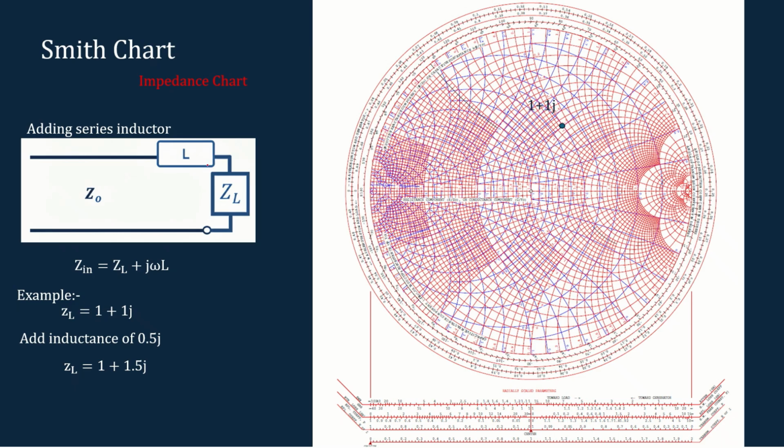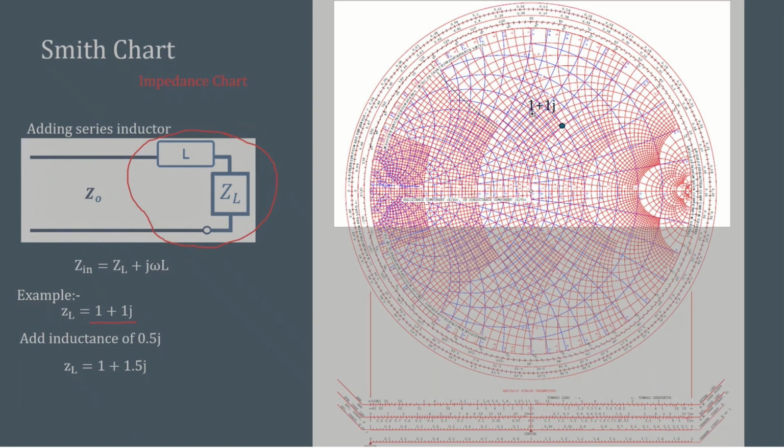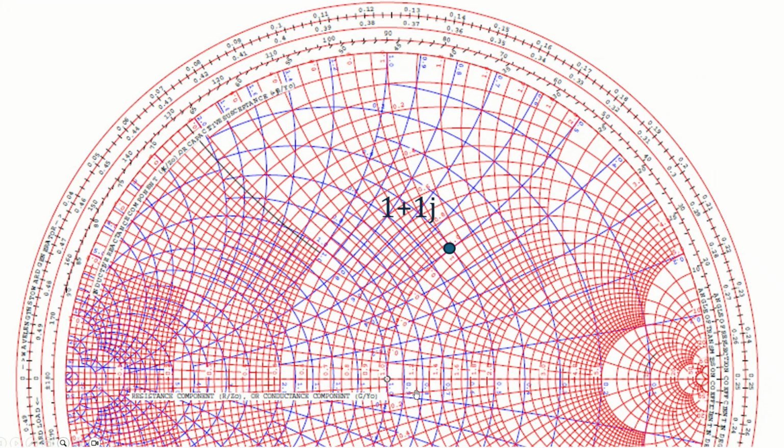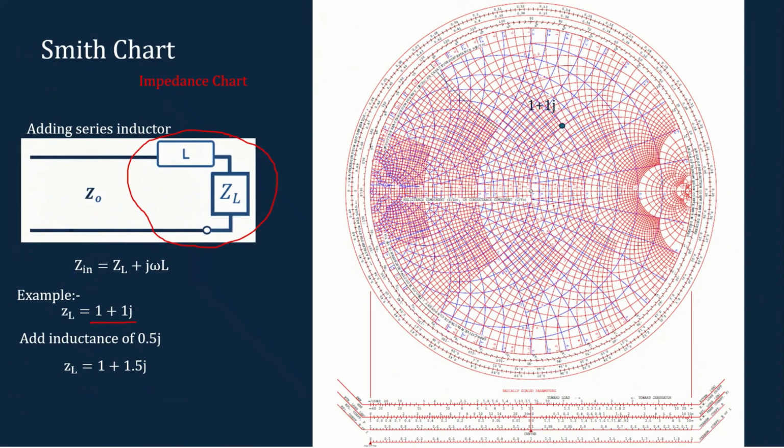In that case, to find the actual equivalent input impedance, we have to consider the impedance chart. Let's assume our load impedance is 1 plus 1j. First of all, we have to find where this 1 plus 1j comes. As ZL equals 1 plus 1j, I have to find the constant resistance circle.